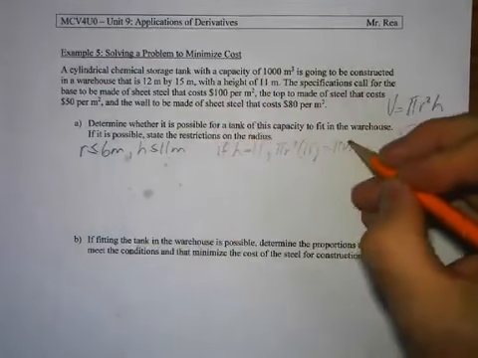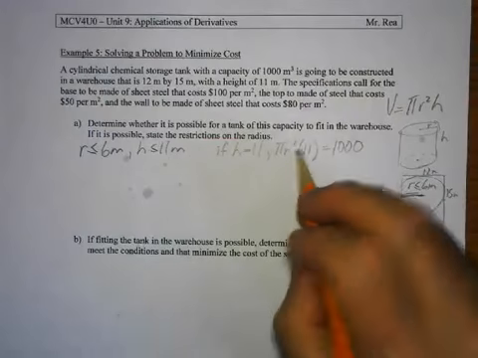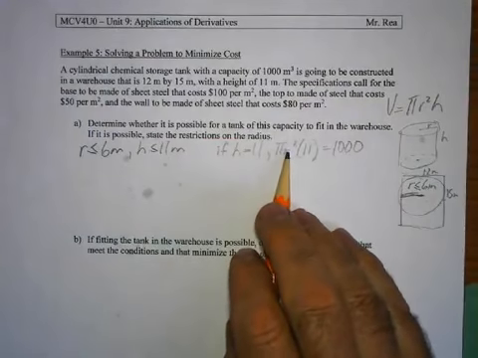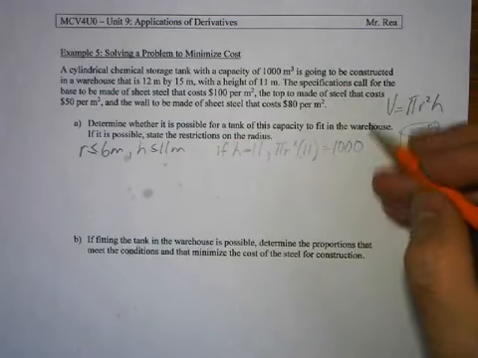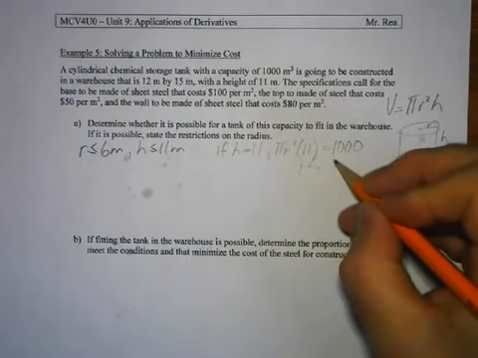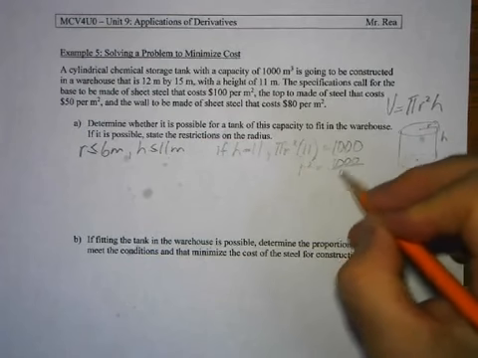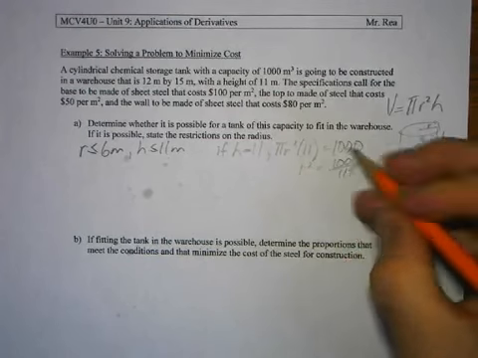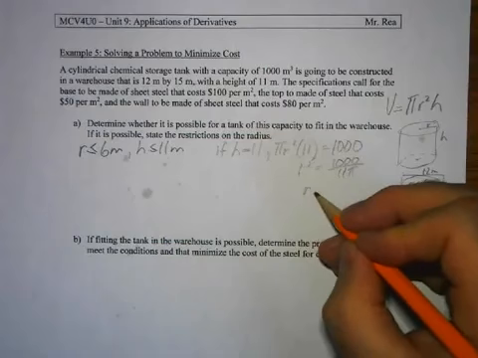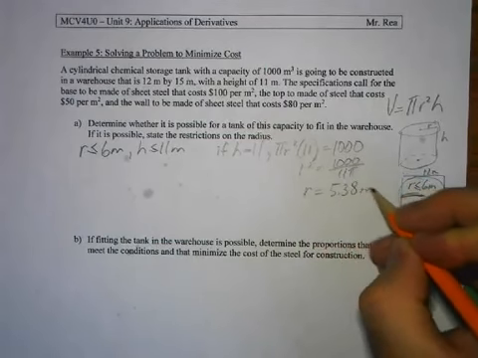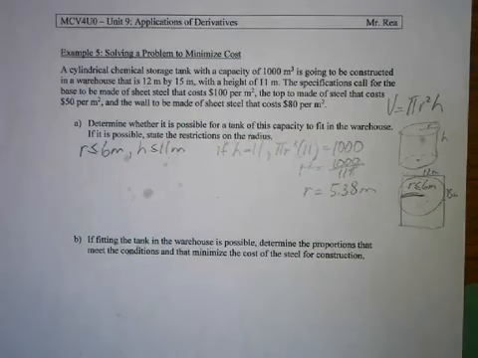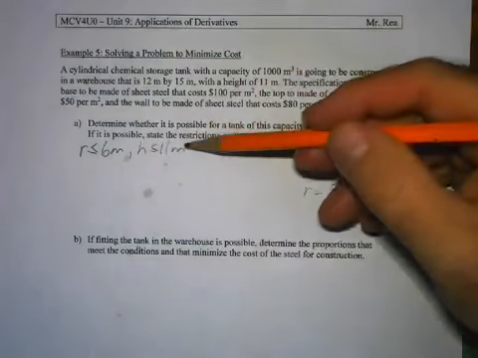So we're just solving for r. If I divide by 11 pi, I get r squared is 1,000 over 11 pi, and solving this, r is equal to 5.38 meters. So that converts the height restriction into a radius restriction.